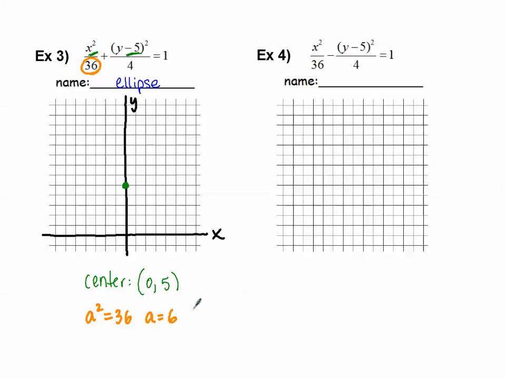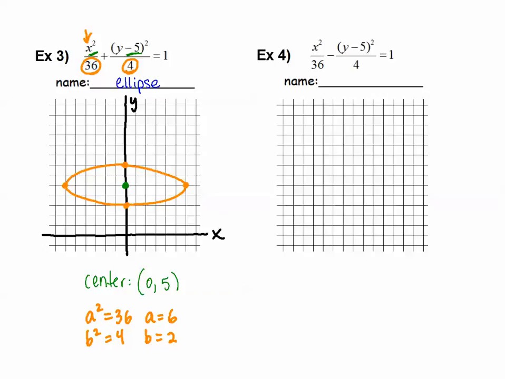So I go out in the x direction, because this is under the x, 6 units. 1, 2, 3, 4, 5, 6 to the right, 1, 2, 3, 4, 5, 6 to the left. Let's look at the y denominator. This would be called the b squared. The b squared is 4, so b, the square root of 4, is 2. So in the y direction, I count 2 units, and now I connect it with a smooth curve like we did for the circle.